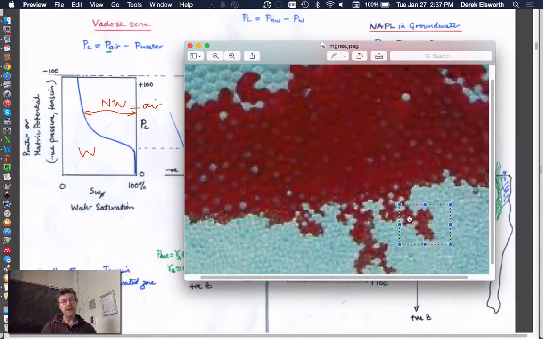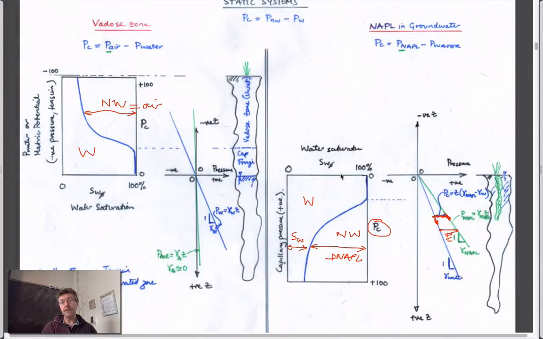If you look at the relative areas of red versus white, or clear rather, maybe it's 30% red and 70% white, and so those would be, roughly speaking, the relative saturations of these systems. And since we actually have those proportions here, we could, if we wanted to, go back and look at the case where we have 70% water saturation and 30% napple saturation. So I guess 70% water saturation would be something like this.